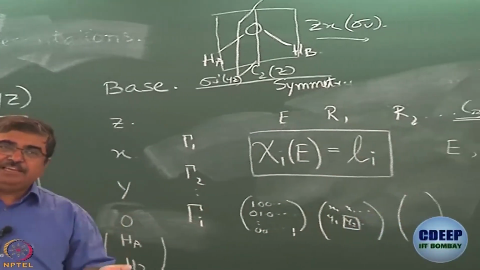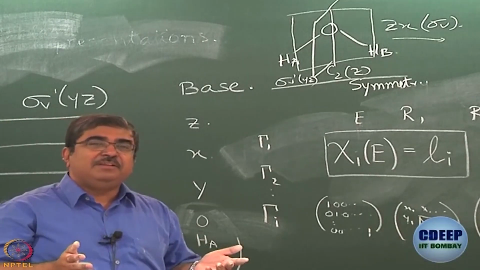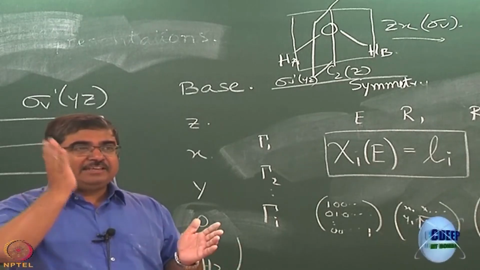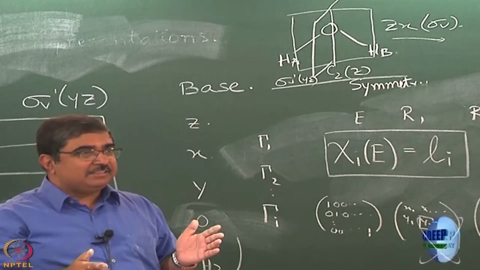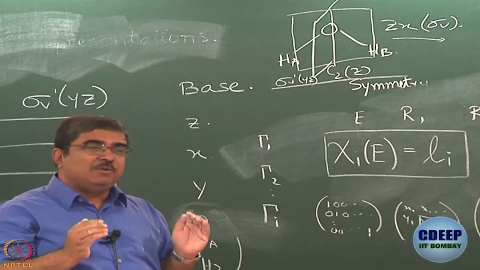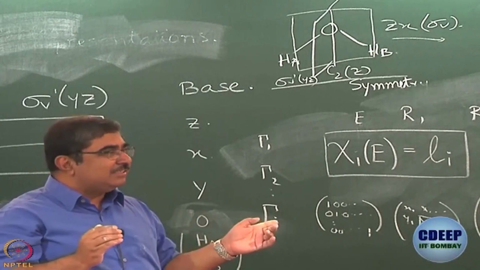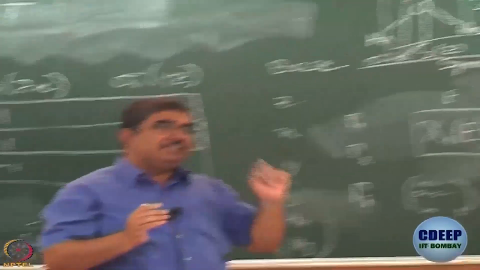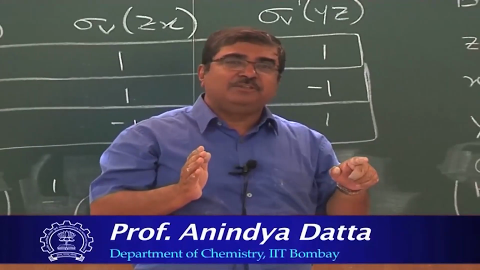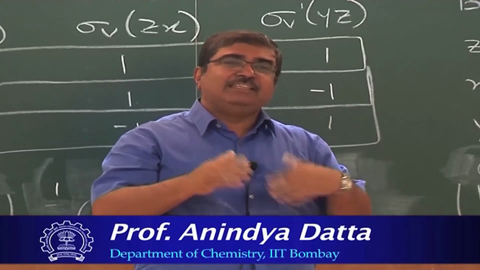Chi i of E is equal to Li. This is a very simple rule that we can understand very easily, right? Character of the unit matrix for the ith irreducible representation is equal to the dimensionality of that representation. Let us remember this. Tomorrow we are going to take this and the 5 working rules axiomatically, and we will work out character tables of C2V and then C3V.